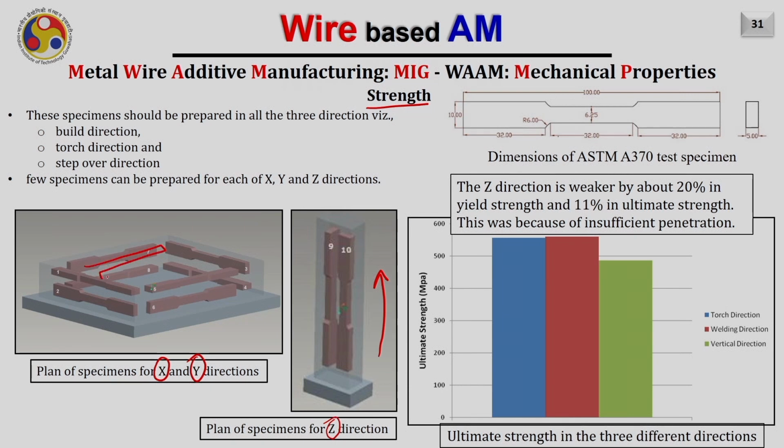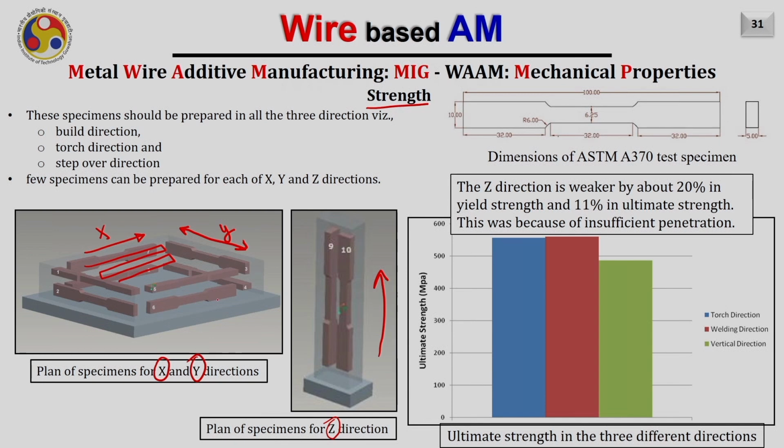So, for example, like this, this is the direction of the torch, let me call it the X direction, and the direction perpendicular to it corresponds to the step-over direction, because in this direction you are taking a step over, and that is the Y direction.